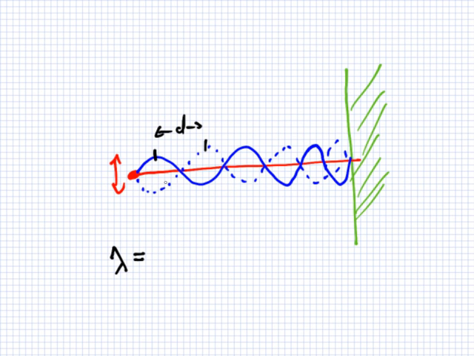If it helps, what about if I do it from a node to a node? The wavelength will be 2D. Does that make sense? So if you know the distance between the nodes or the antinodes, you can know the wavelength. It's just twice this.